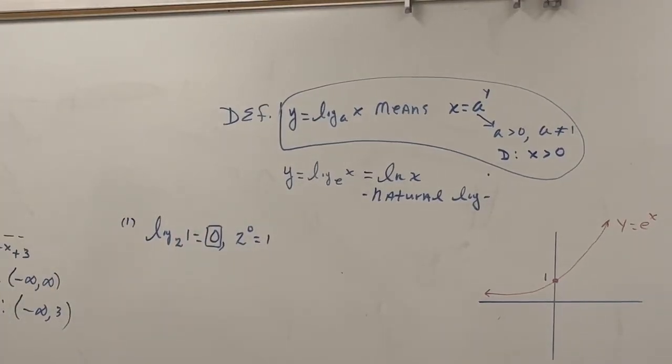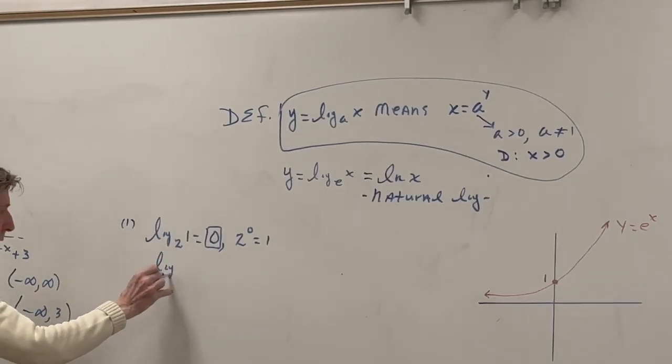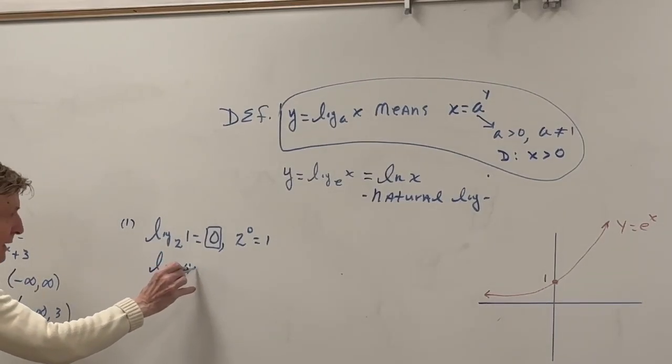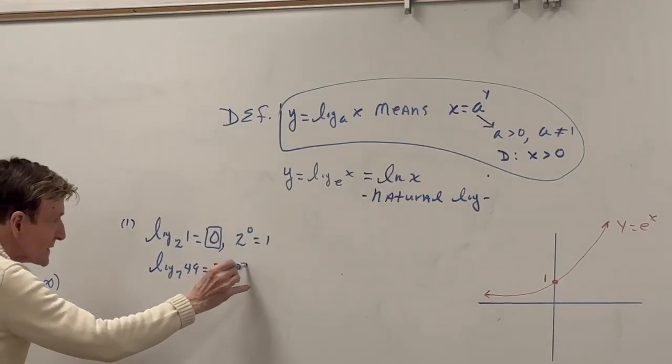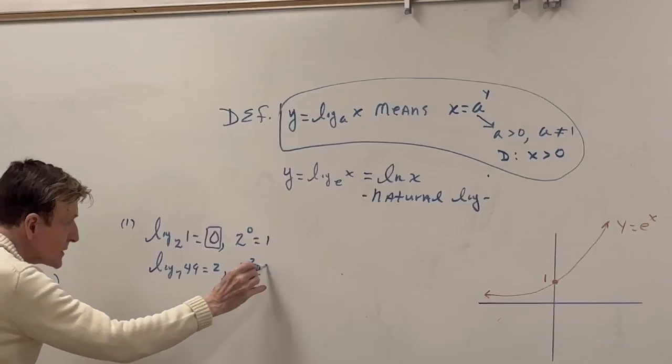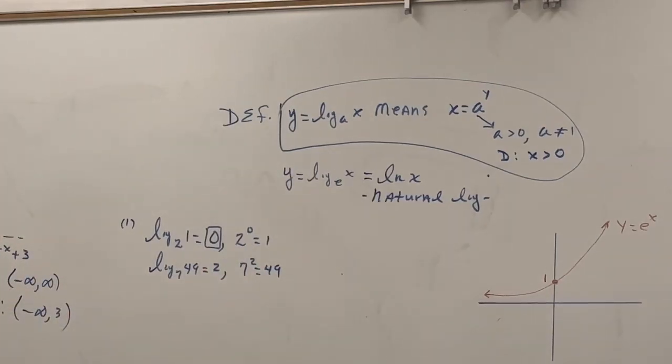What's the next one? Logarithm base 7 of 49. Guys, we know that's 2, comma, because base 7 squared is 49. I'm just looking at the exponent there. What's the next one?